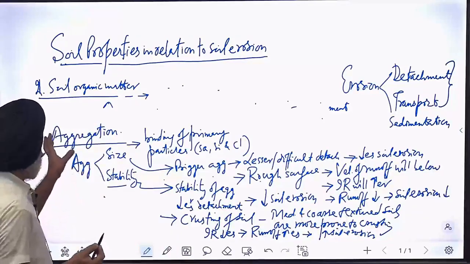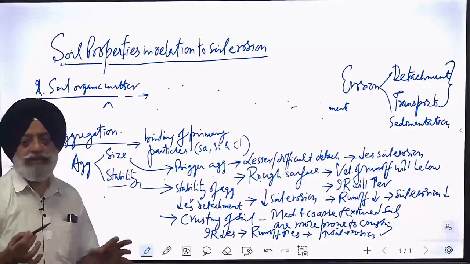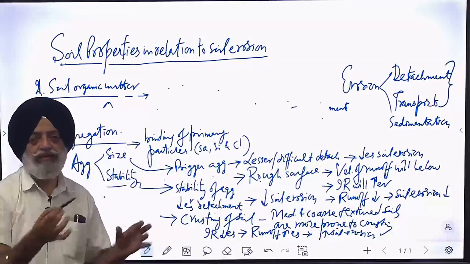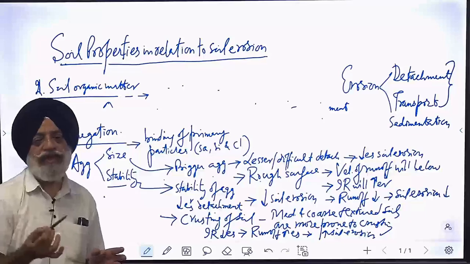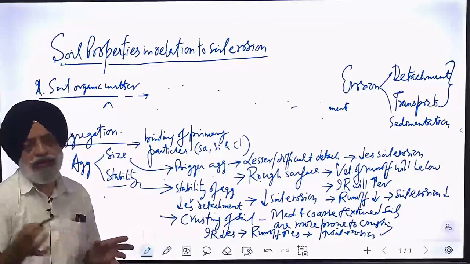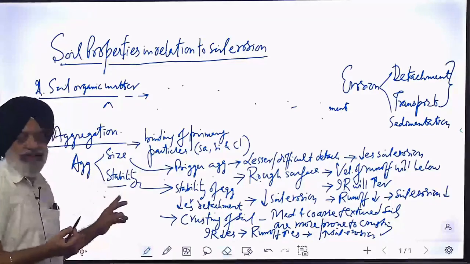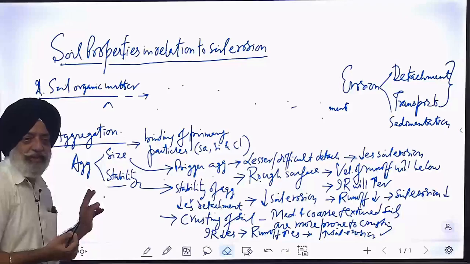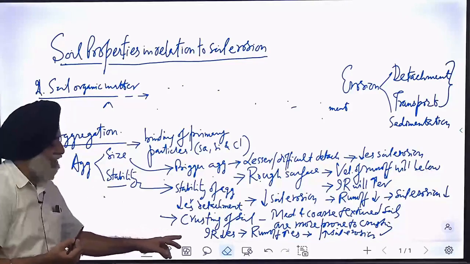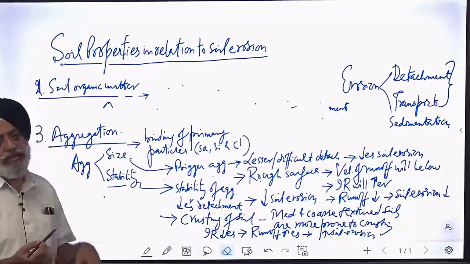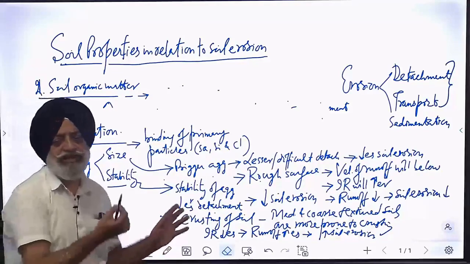When we talk of aggregation, if you have stronger aggregates, because of dominance of clay particles or higher soil organic matter, then aggregates will be stable, and when you have stable aggregates, the crusting will be less. So, I think you can discuss it under this.